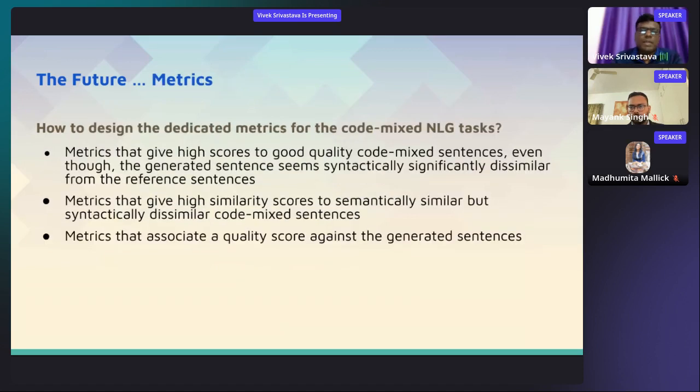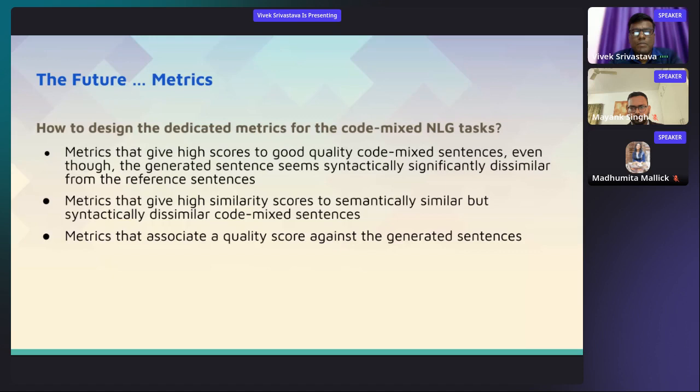So for metrics, I have talked about a lot. What we can do, can we come up with metrics which are very specific to the code mix languages? Can it automatically understand and address the syntactic variations or the linguistic diversity that we are talking about?